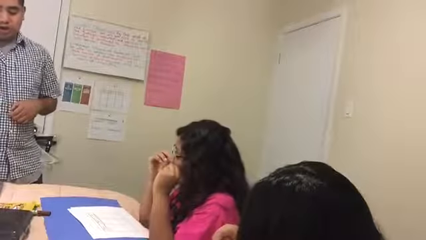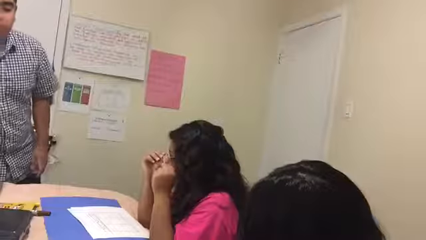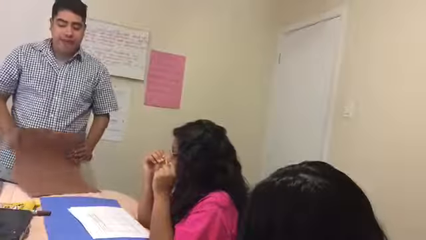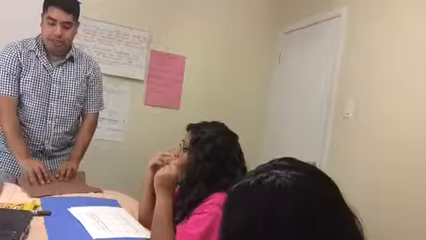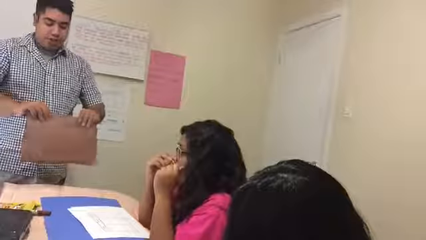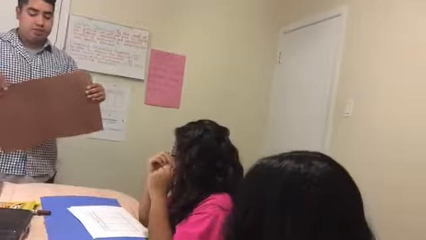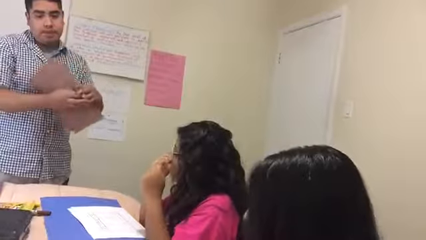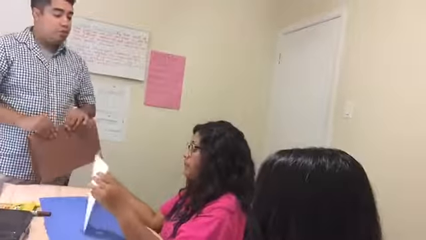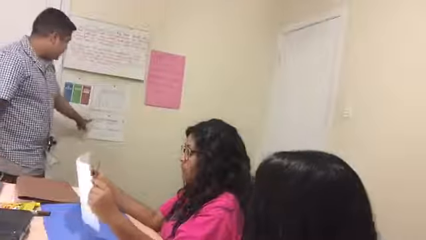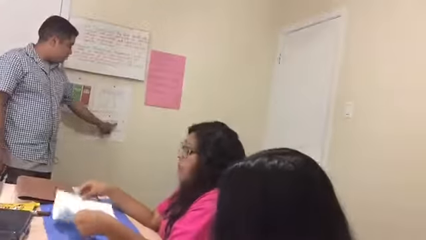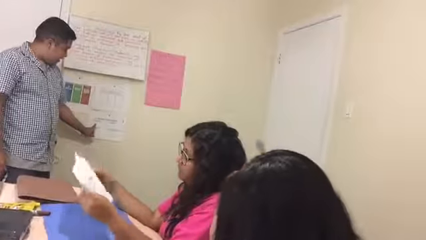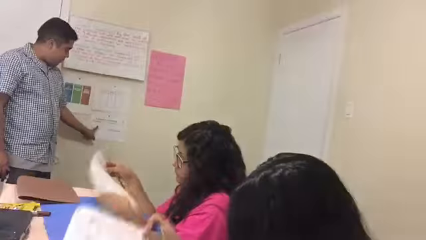So we're going to be talking about the three branches of government, and I'm going to be modeling for you the activity we're going to be doing. So if you can pay attention, I'm going to be modeling with this construction paper that each one of you has, okay? But before that, we're going to do one more thing. See here I have the four corners chart, and it's asking us to draw a picture.